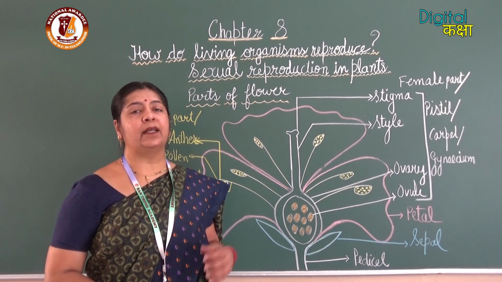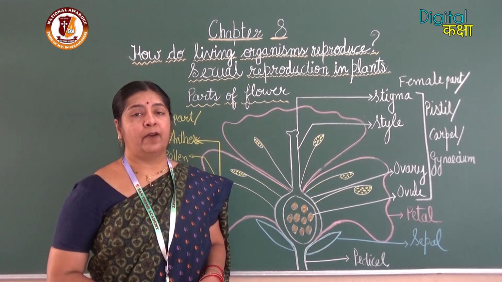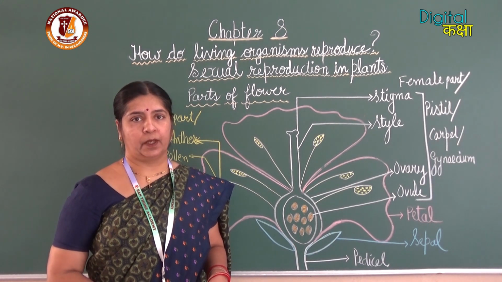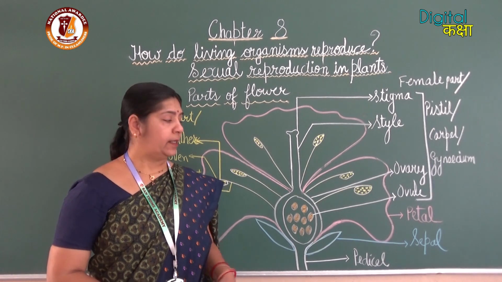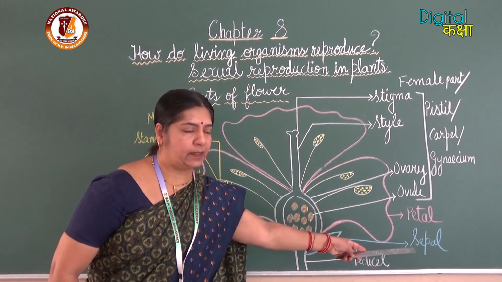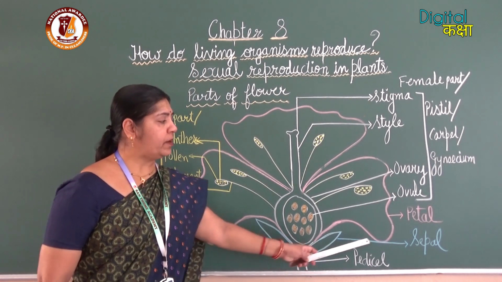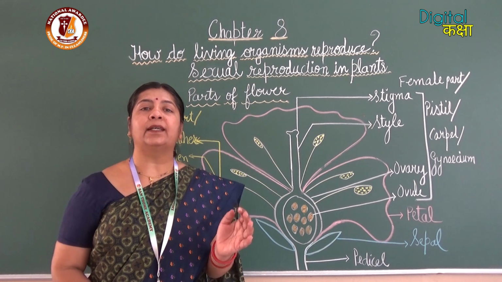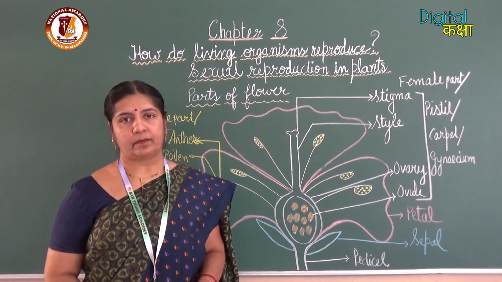After that comes the green leaf-like structures, which form the outermost wall of the flower, and these are the sepals. Sepals are always green in color in any flower you see.